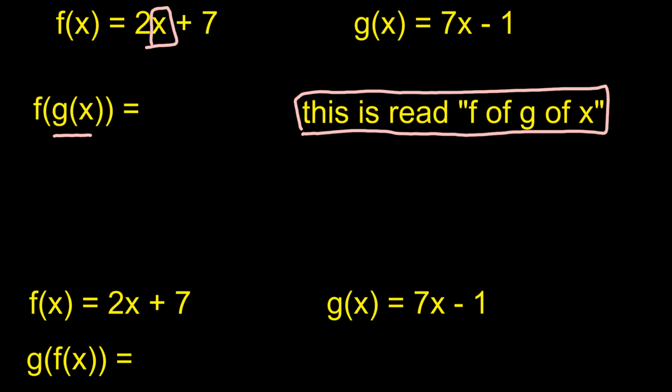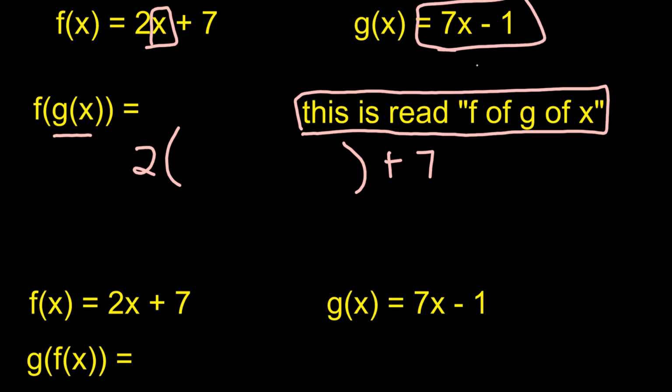So here's what I typically do. I'll write 2, and then instead of x, I'll just put some big parentheses. And what do we plug in instead of x? Well, we plug in this expression. We plug in 7x minus 1. So we're plugging in the g of x function where there used to be an x in the f function. So we put 7x minus 1 in the parentheses.